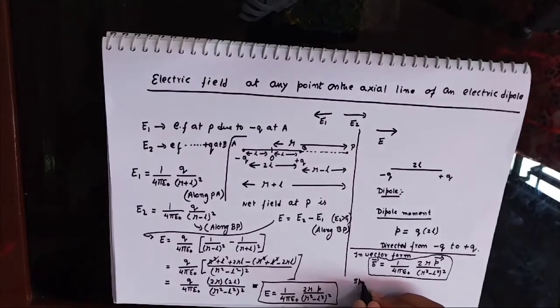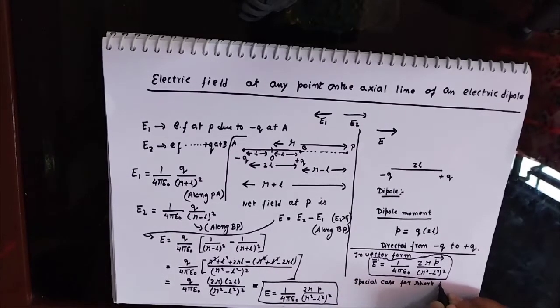Now special case for short dipole, R square minus L square is approximately equal to R square. So therefore, instead of R square minus L square, if we put simply R square, then we'll have here R to the power 4. That R to the power 4, one R will get cancelled with this R. So what is the electric field?